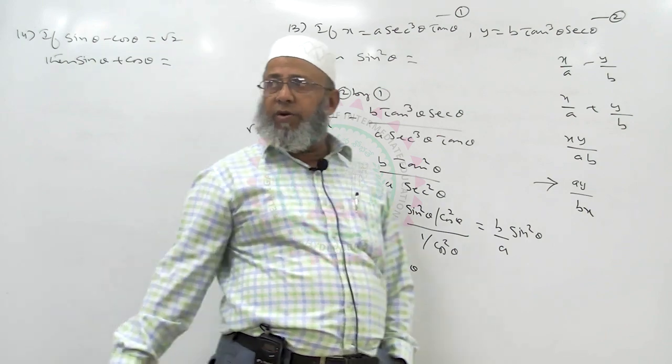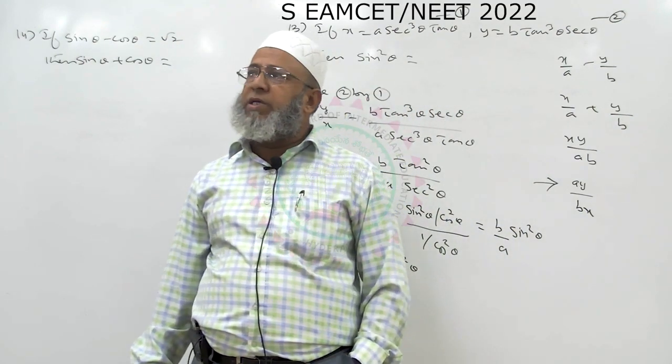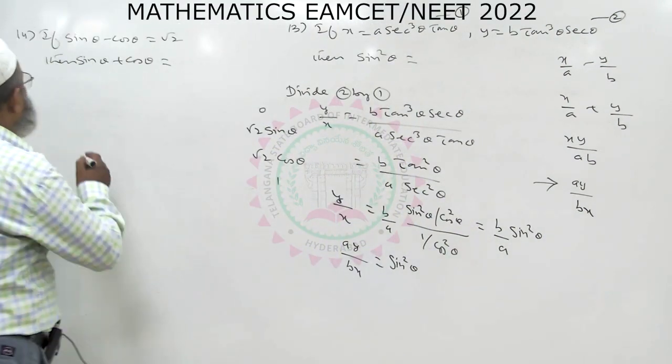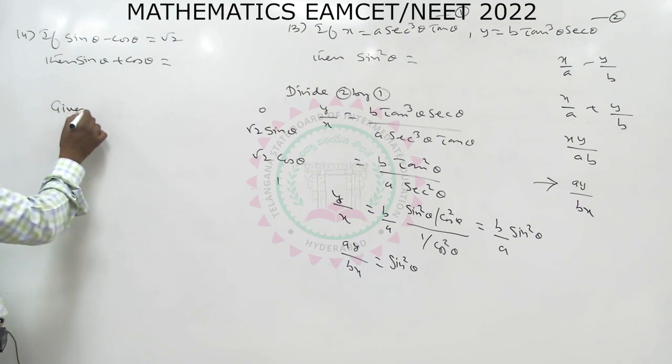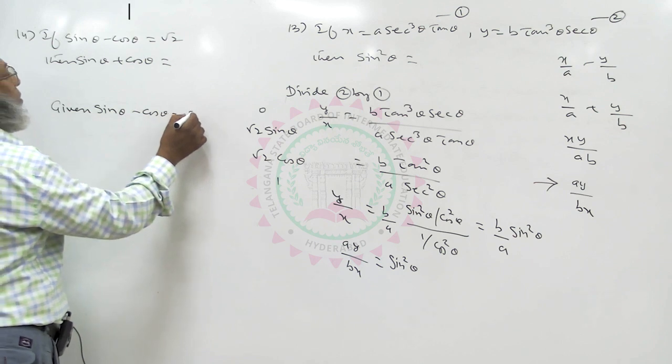Right? What is given? Sin theta minus cos theta is given as root 2.